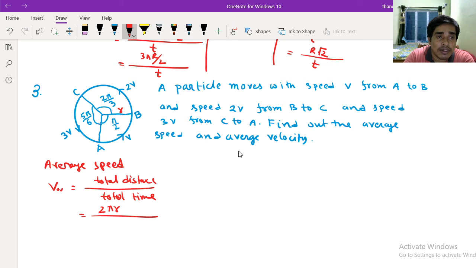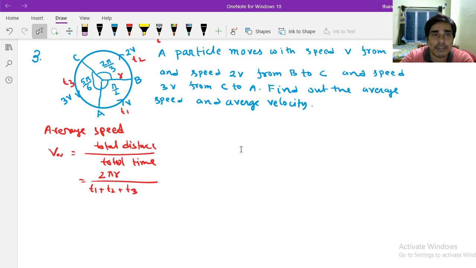This time is t1, this is t2, and here is t3, so the total time is t1 plus t2 plus t3. So it will be 2 pi r, and t1 can be calculated with the formula v equals s by t, that means t equals s by v.